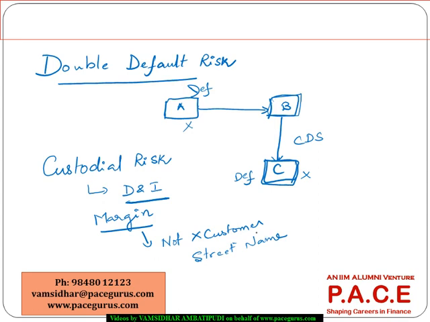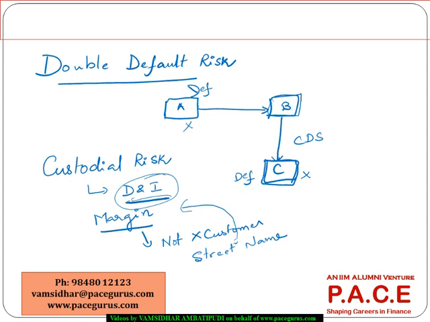If it is in the customer's name, probably this cannot happen, but because it is in the street name, the custodian can very well withdraw the money and transfer it to some other account. This is where the custodial risk comes up. If the default is occurring from the custodian's side, in transferring the dividends, interest, or even the margins into the customer's account, that is a big risk faced by the customers, which is looked at as custodial risk.